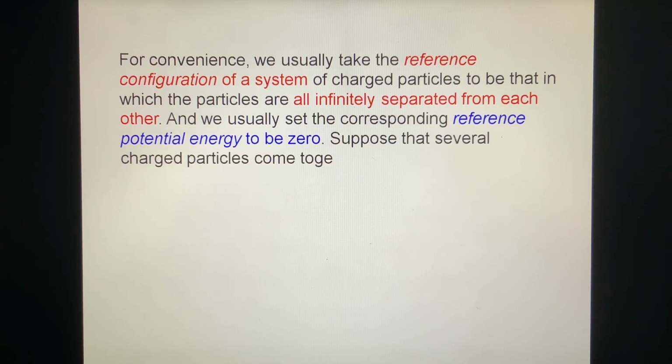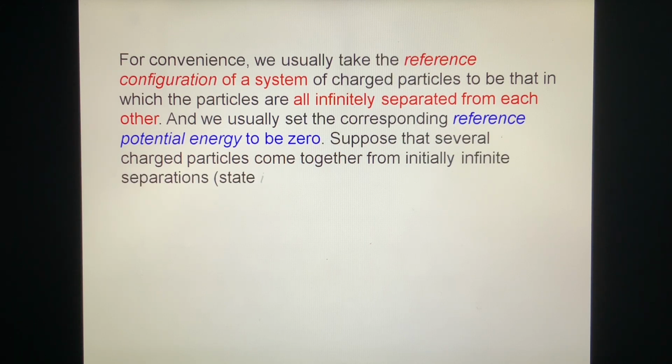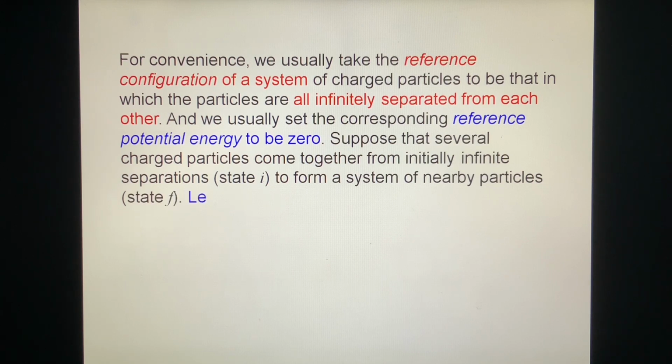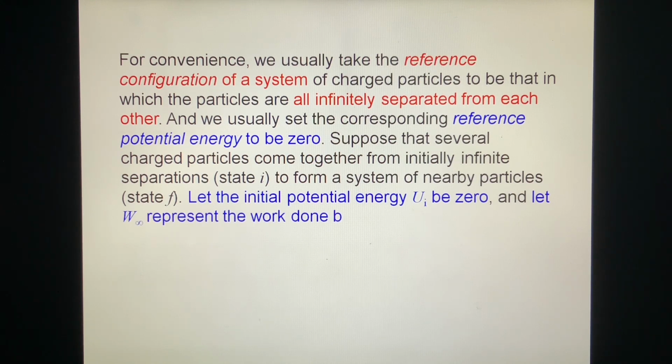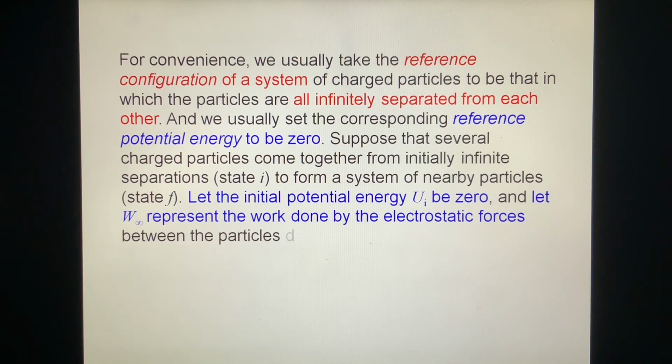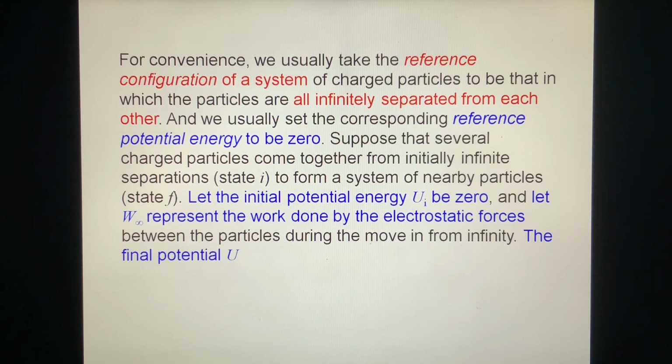Suppose that several charged particles come together from initially infinite separations, state I, to form a system of nearby particles, state F. Let the initial potential energy UI be zero, and let W infinity represent the work done by the electrostatic forces between the particles during the move in from infinity.